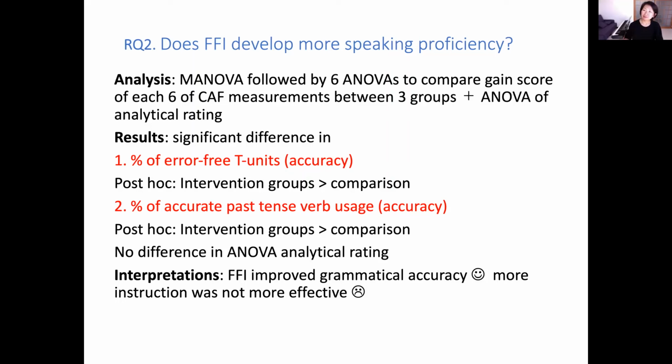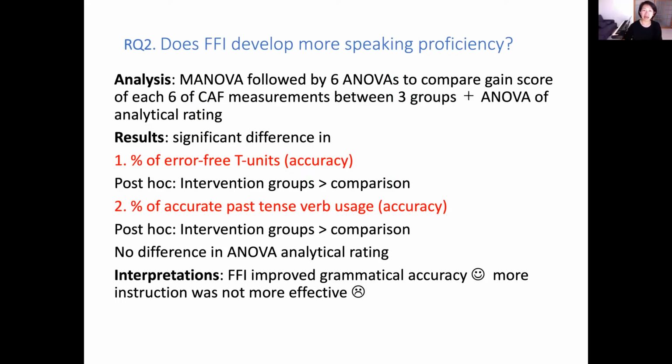After I found that there was a significant difference, my next step was to look at where the difference was. Was the difference between my comparison group and my first FFI intervention group, or between my comparison group and my second, stronger FFI plus peer feedback group?